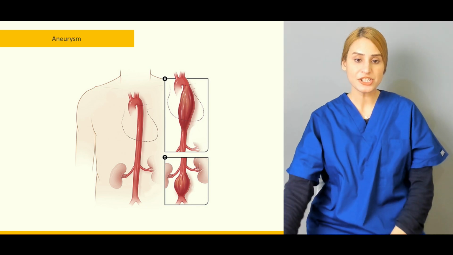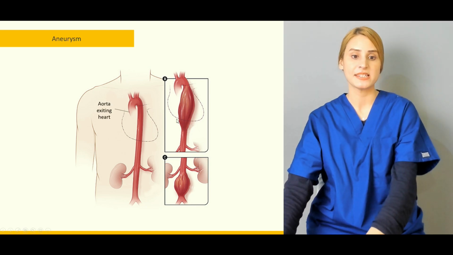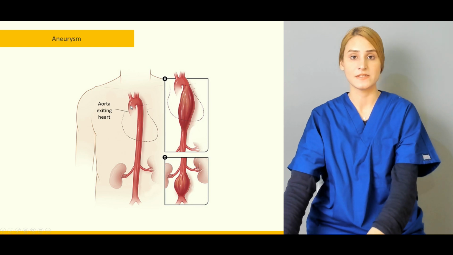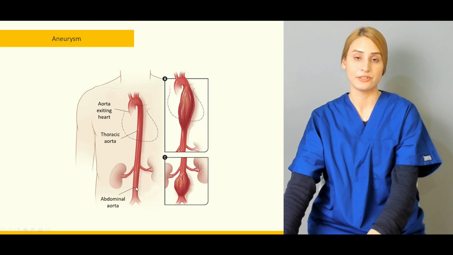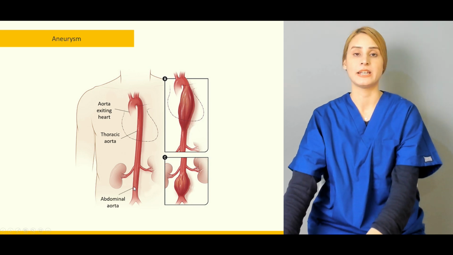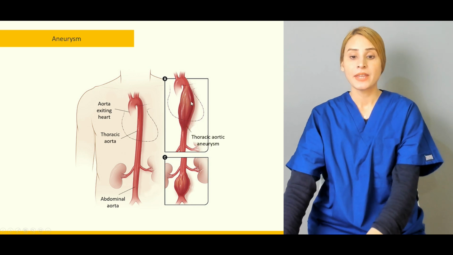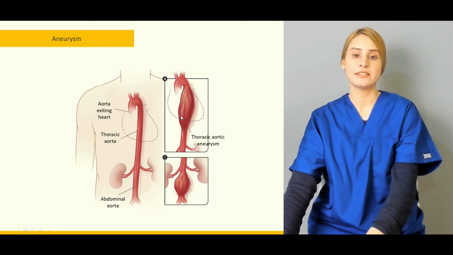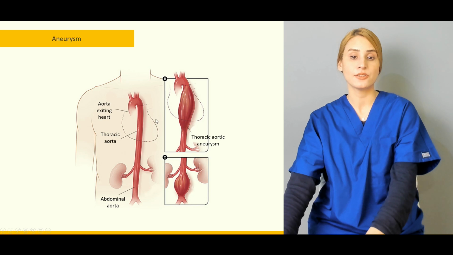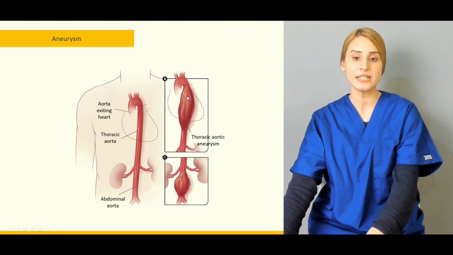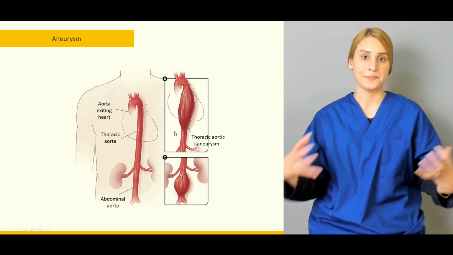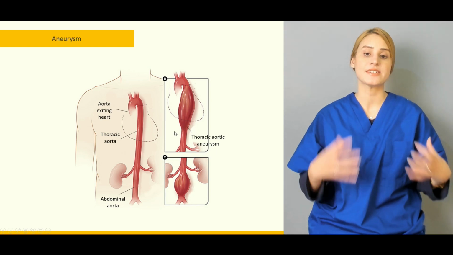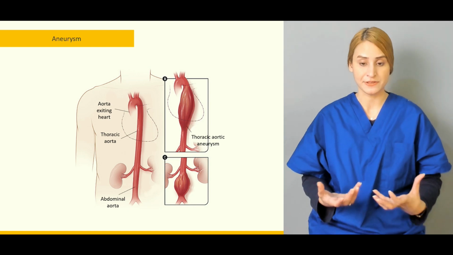Now, in this diagram, this is the arch of the aorta, the vessel extending from the heart, this is part of the thoracic aorta, and this is the abdominal aorta, as I have already explained. In figures B and C, you can see a dilated portion involving the thoracic part of the aorta, so there's a thoracic aortic aneurysm.